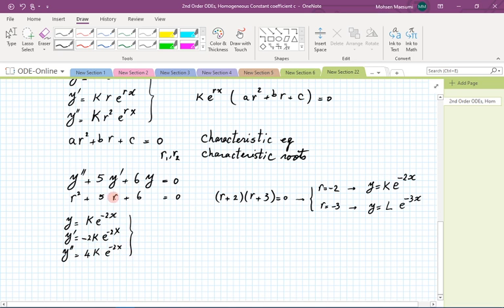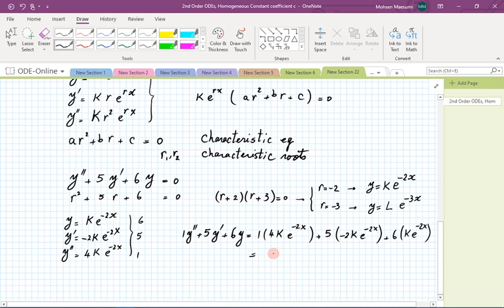So if I combine them by taking 1 of this and 5 of this and 6 of that, that is 1y double prime plus 5y prime plus 6y. 1 of this will be 1 times 4k exponential of minus 2x. 5 times minus 2k exponential of minus 2x. And then 6 times the original. 6 times of just. So what do I get?